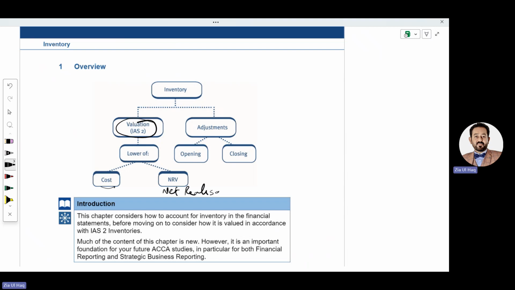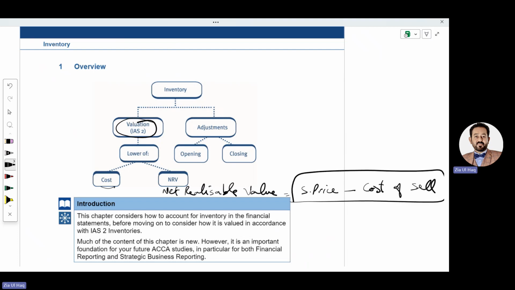How can we calculate net realizable value? Selling price less cost to sell. We compare NRV with cost. Whichever is lower, we should value the closing inventory units at that lower amount.